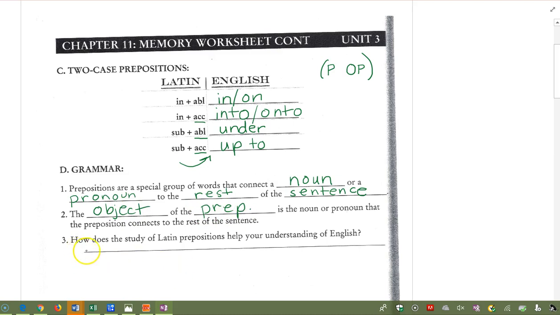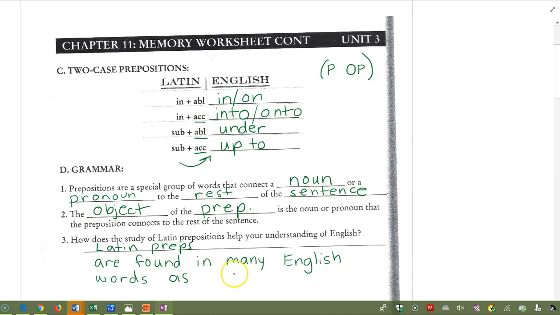All right. How does the study of Latin prepositions help your understanding of English? Let's write this down. Latin preps are found in many English words as, what form are they found as?